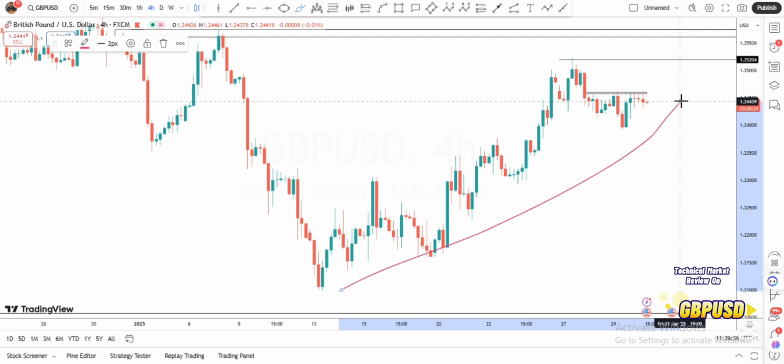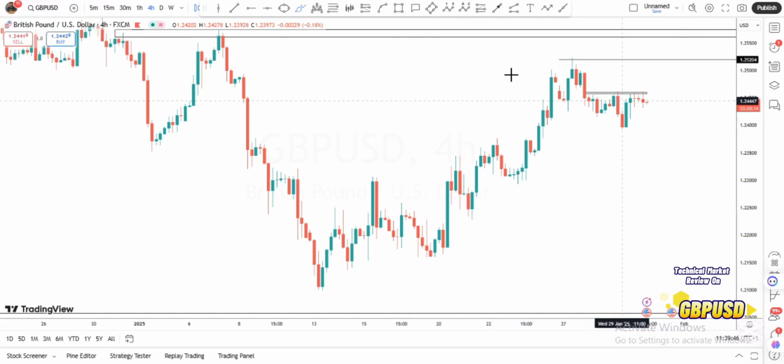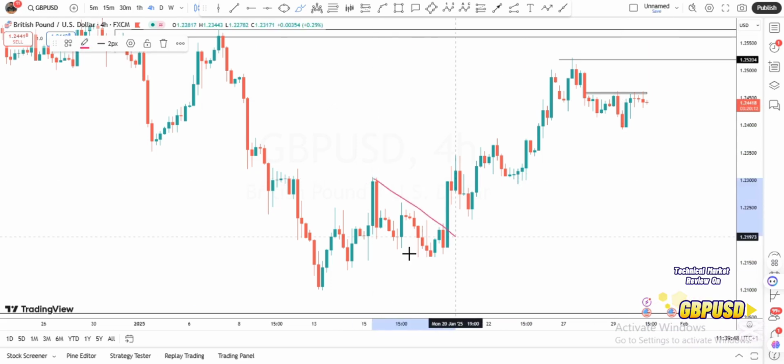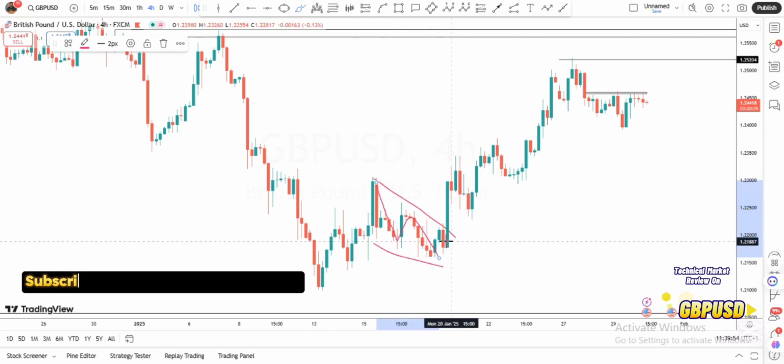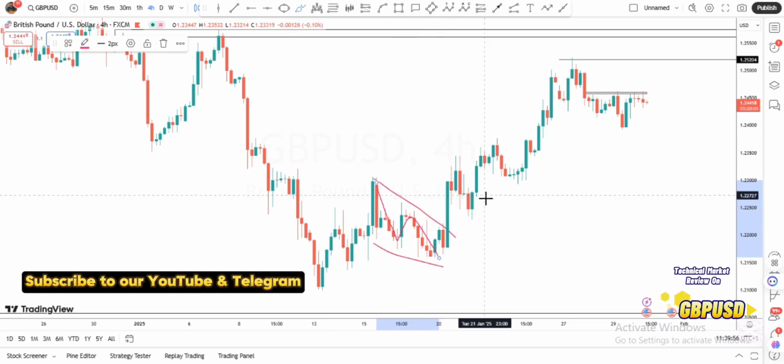I would want to wait for the whole correction to exhaust, then I can ride the trend. If you look at this correction right here, imagine trying to sell within this correction. You can see how short this correction is, right?